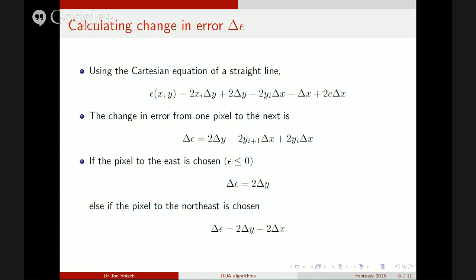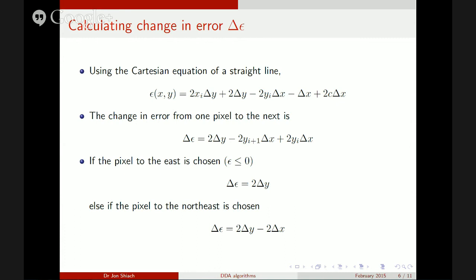It's 2 delta y minus 2 yi plus 1 delta x plus 2 yi delta x. Okay. Let's expand out the bracket. So I've got minus 2 yi delta x minus 2 delta x plus 2 yi delta x. Okay, as you can see, this term cancels out with that term. I'm left with 2 delta y minus 2 delta x.